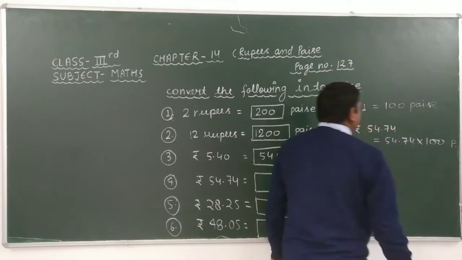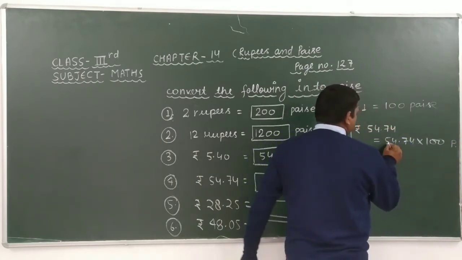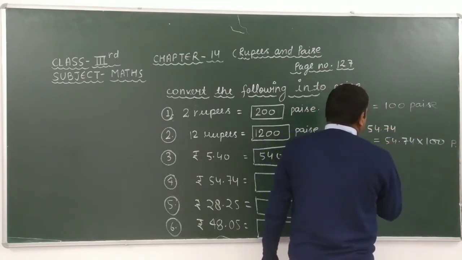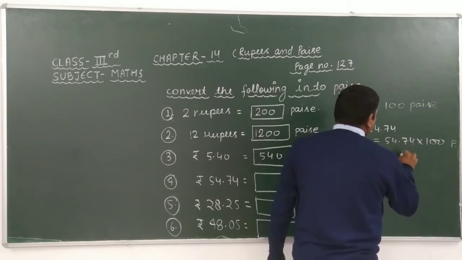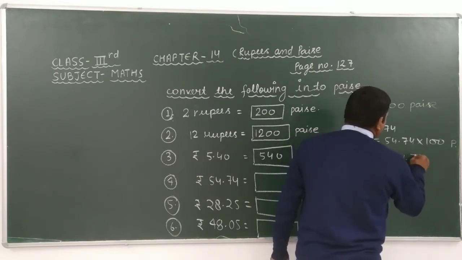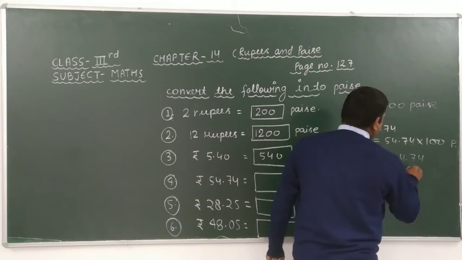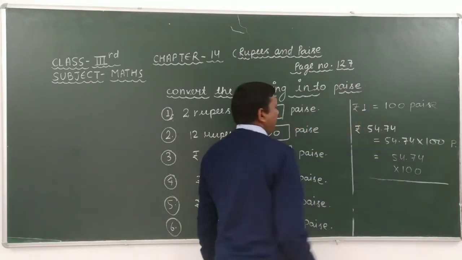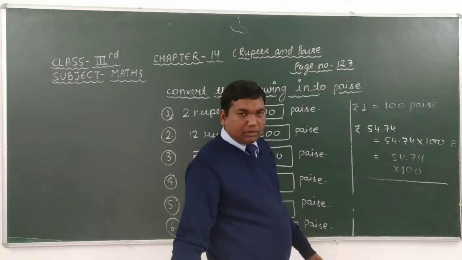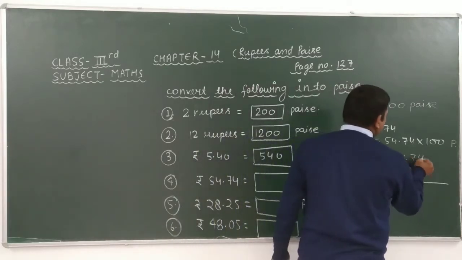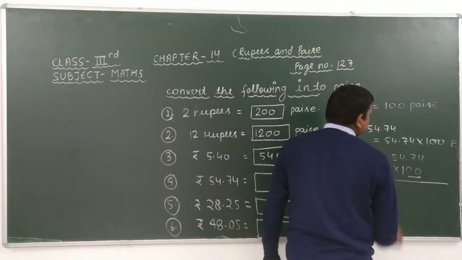Look, 54.74 multiplied by 100. After multiplying this we get 54.74 and here 20.